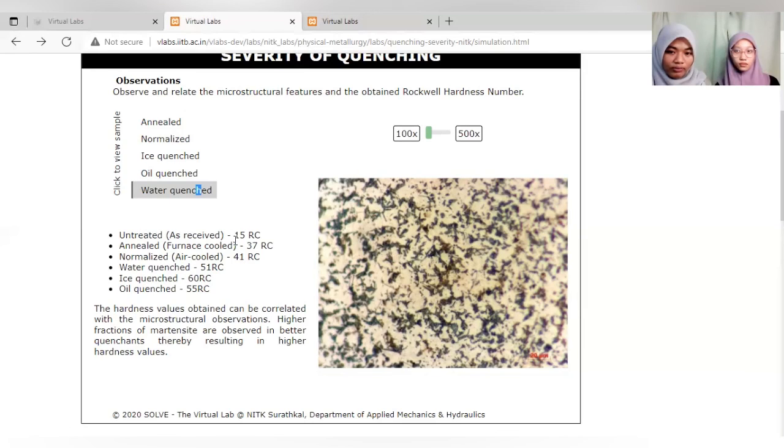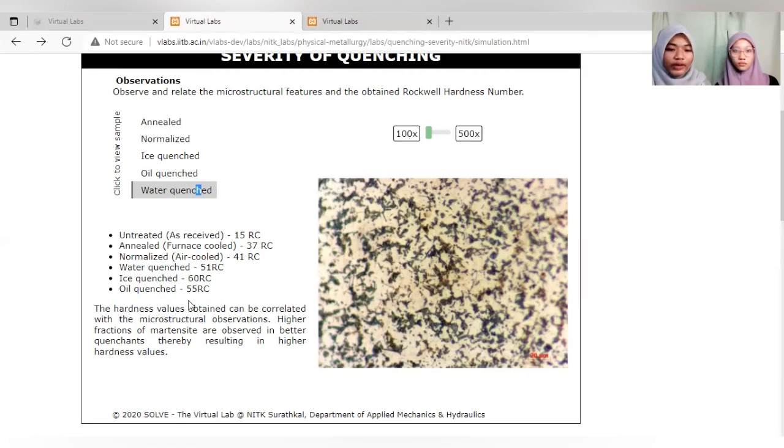And the HRC number for untreated, which is the control sample, is 15 HRC, annealed sample is 37 HRC, normalized sample is 41 HRC, water quench is 51 HRC, ice quench is 16 HRC, oil quench is 55 HRC.